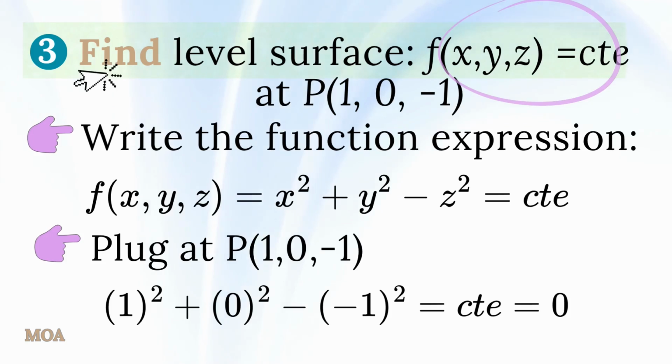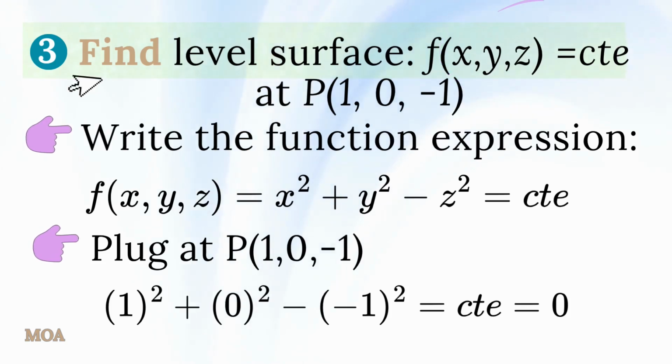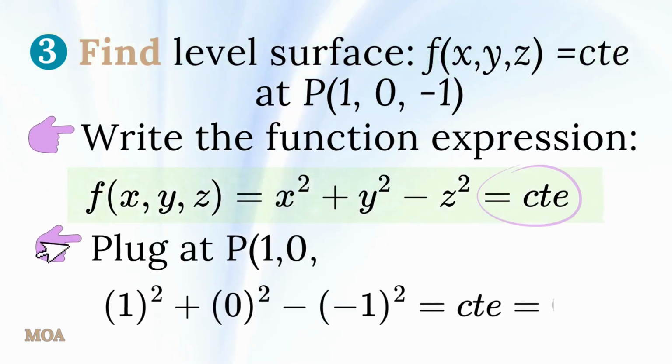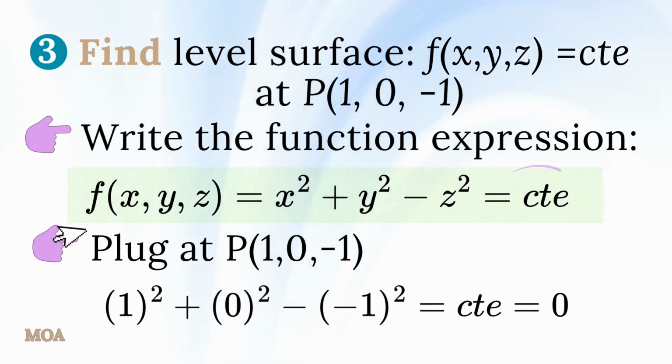Now, to find the level surface f of x, y, and z equals constant at the point P, 1, 0, negative 1. First, write the function expression. F of x, y, and z equals x squared plus y squared minus z squared equals constant.